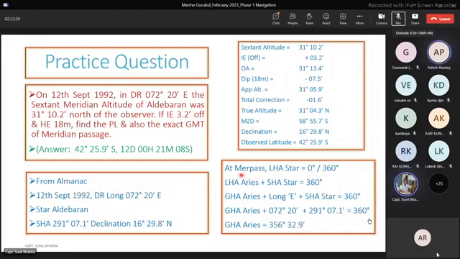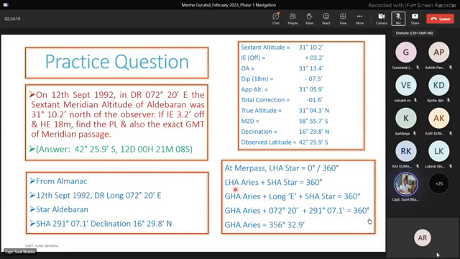At the time of meridian passage, the body is on the observer's meridian. So angle between the meridian of the observer and the meridian of the body is 0. Or you can take it as 360 degrees, both mean the same thing. So LHA star is equal to 0 or 360.